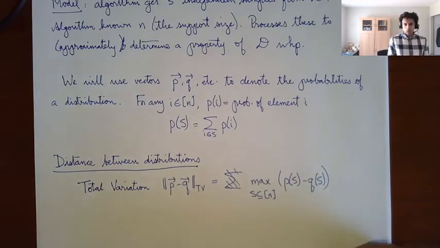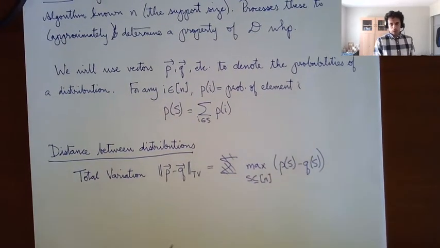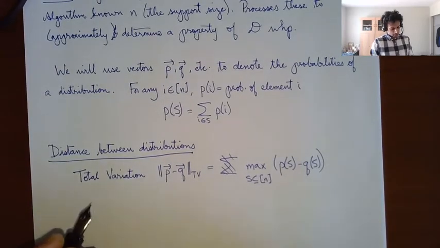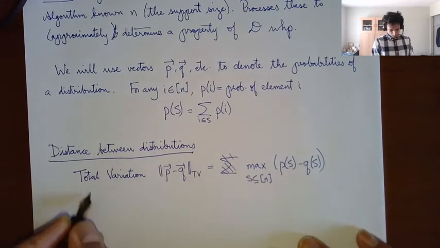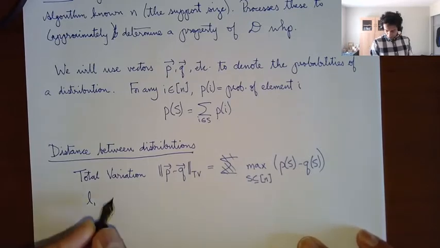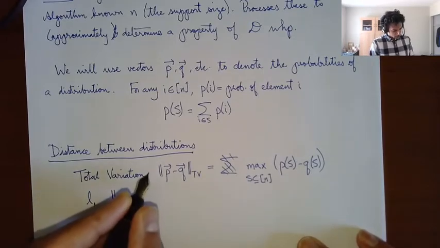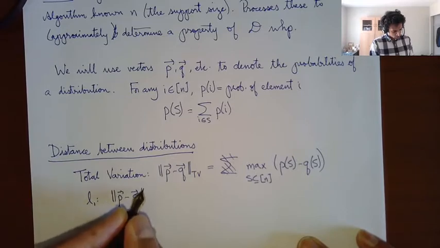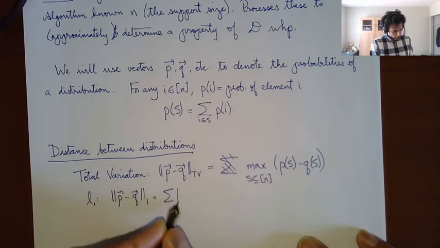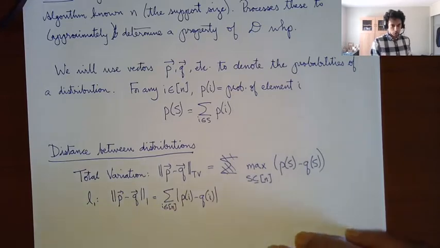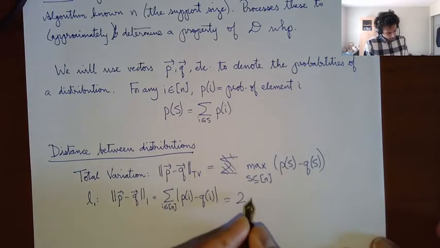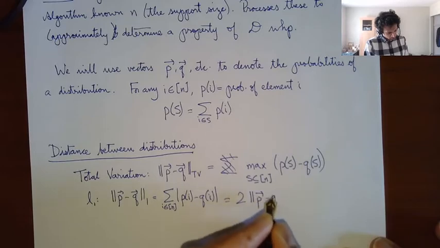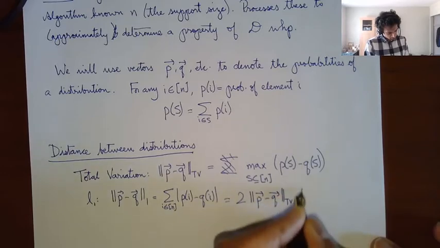So given that we're dealing with a discrete, finite support, we can instead look at the L1 distance, which is just the summation of the absolute value of Pi minus Qi, where i is in the support, and this is actually 2 times the total variation distance, and that's an exercise.